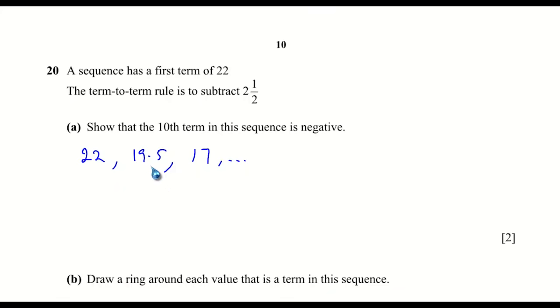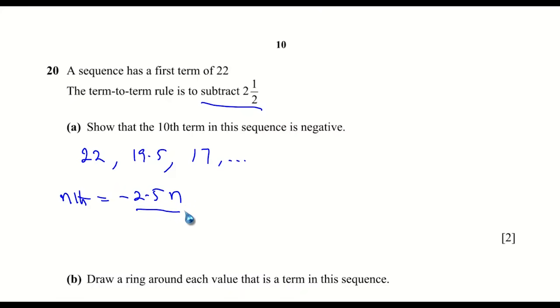So we need to get the nth term, which is pretty easy. The term to term rule is already 2.5. So we say the nth term equals minus 2.5n, because the term to term rule is subtract 2.5. Now let's check, is this enough to be the nth term?